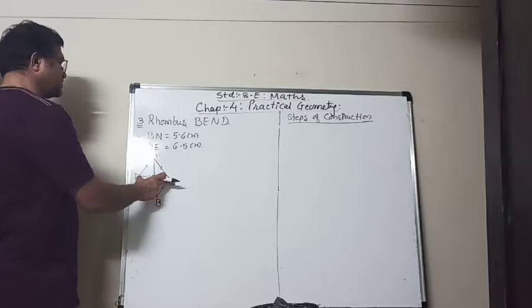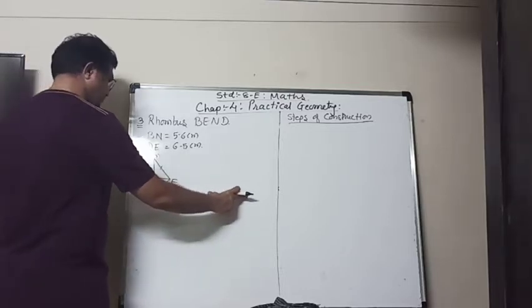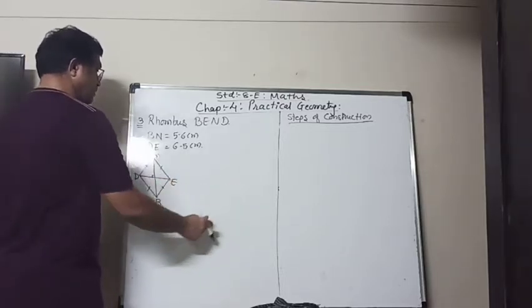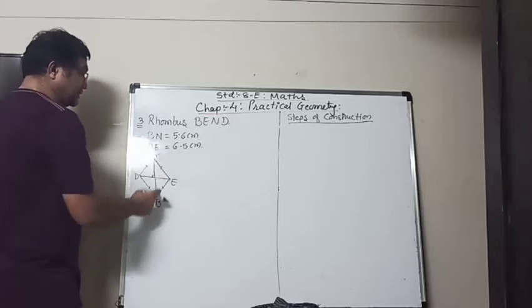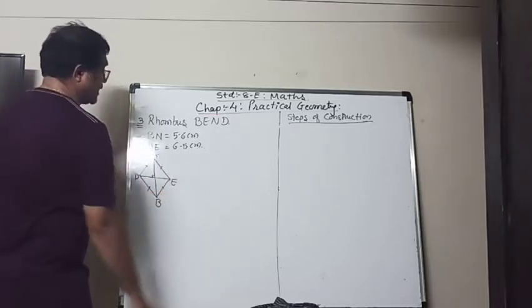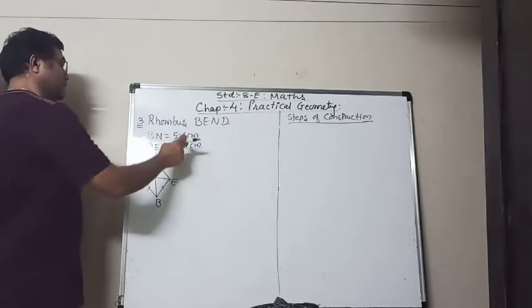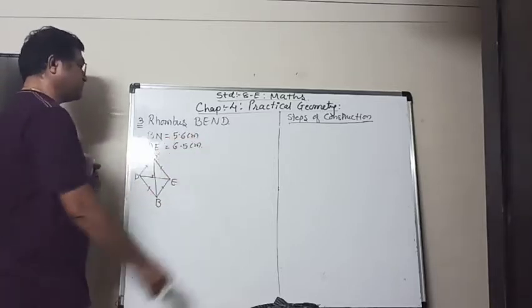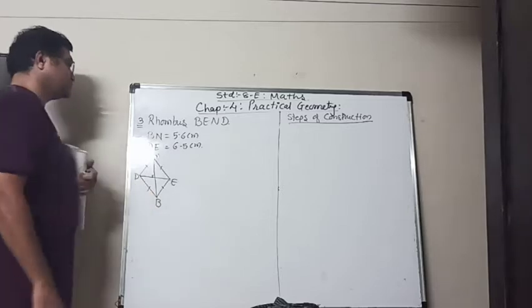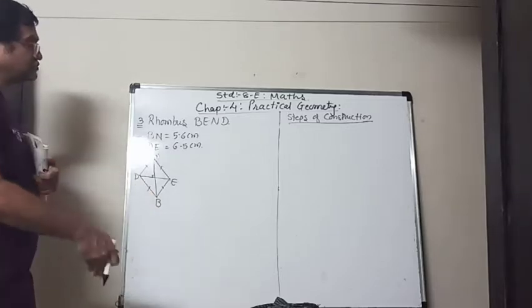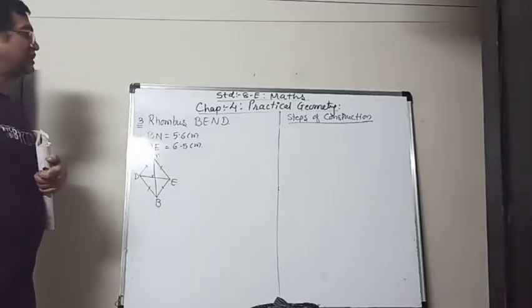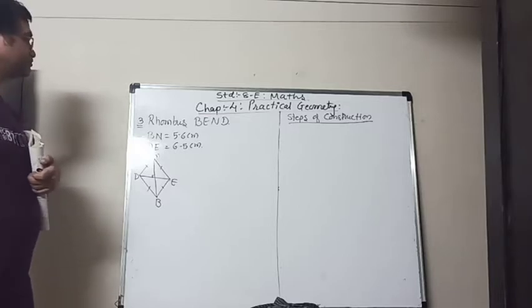First we will take DE 6.5 centimeter. Then we know that it is at 90 degrees, so we have to draw the perpendicular bisector of it. And then 5.6 centimeter we will cut, and then we will join the four sides. Then your rhombus will be finished.